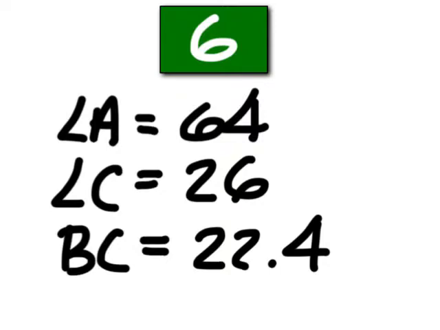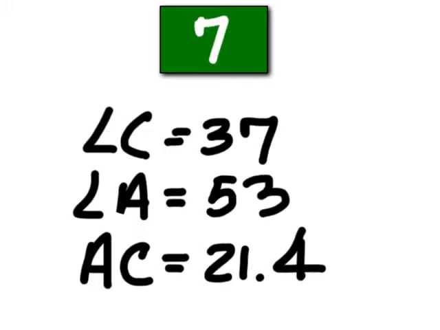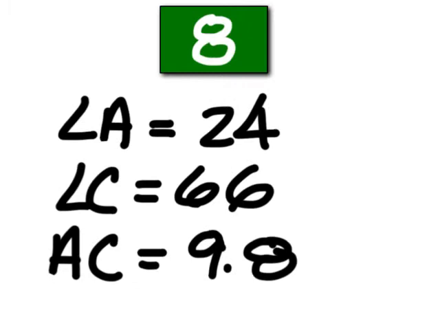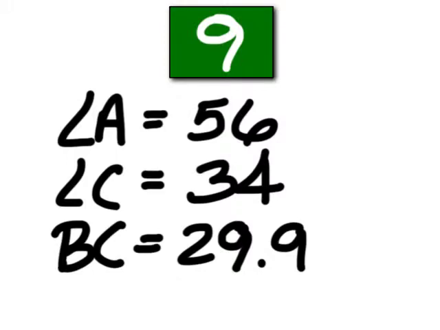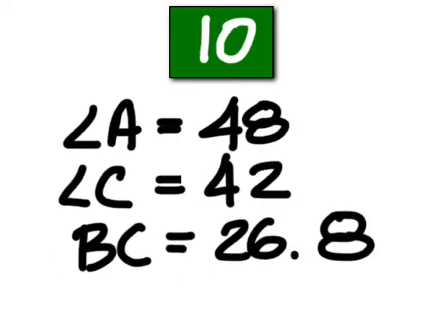Number 6, angle A is 64, angle C is 26, and B is 22.4. 7, angle C is 37, angle A is 53, and AC is 21.4. 8, angle A is 24, angle C is 66, AC is 9.8. 9, angle A is 56, angle C is 34, BC is 29.9. 10, angle A is 48, angle C is 42, BC is 26.8.